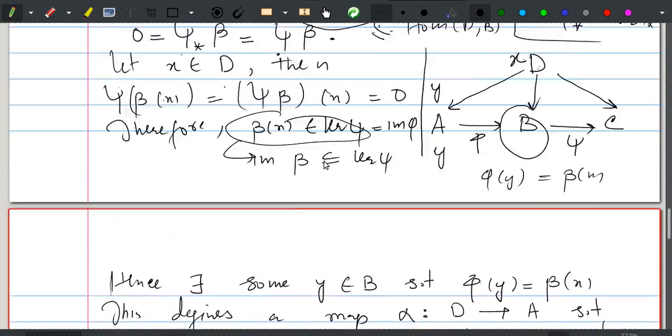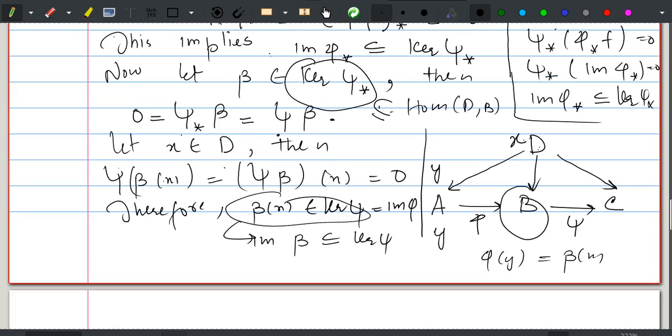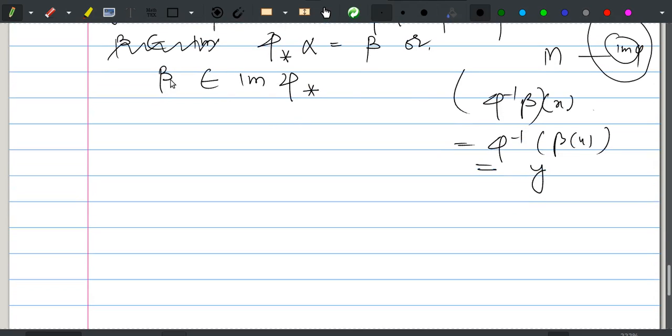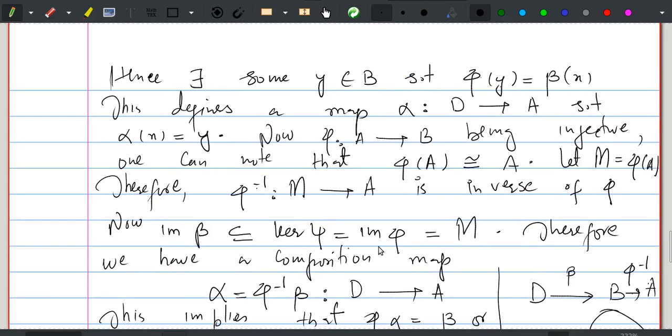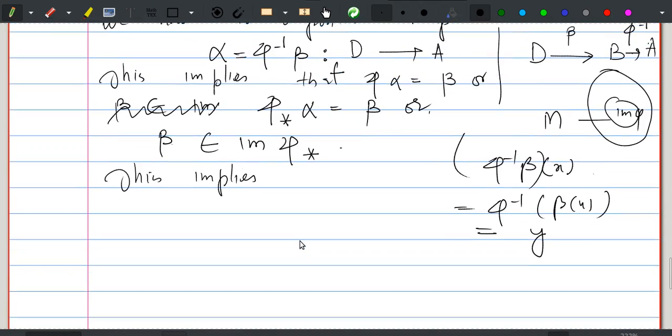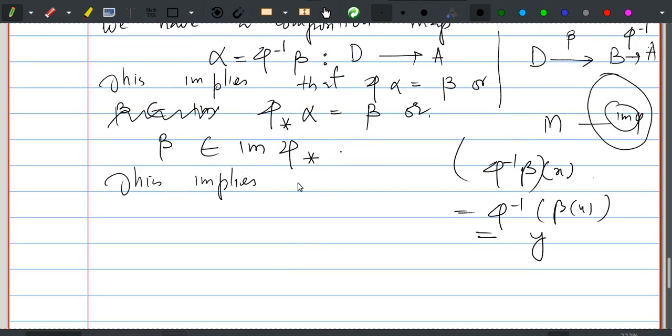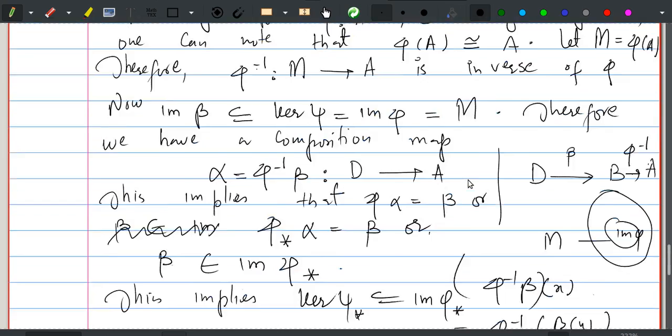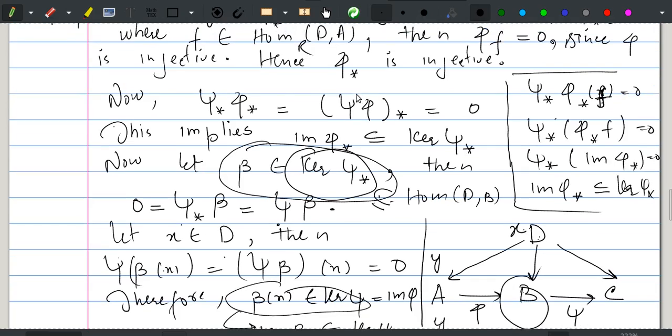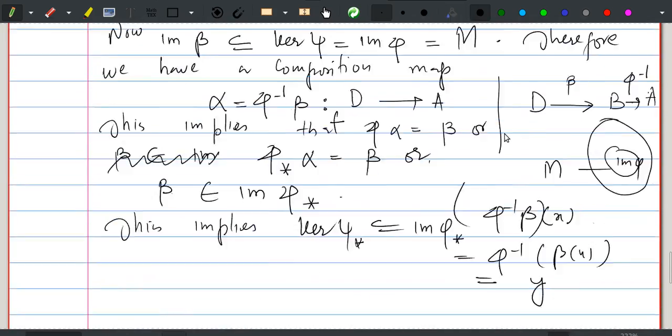We chose this beta to be an element of the kernel of psi star, and we end up with beta in the image of phi star. This implies the kernel of psi star is contained in the image of phi star. Hence we are done, because we have already shown the other containment, hence they are equal.